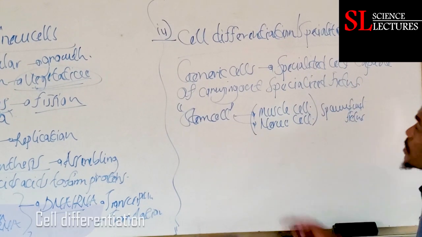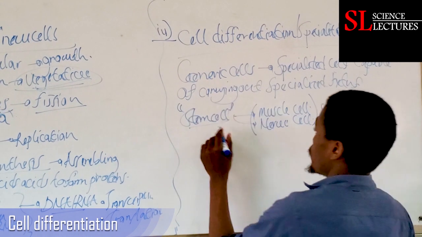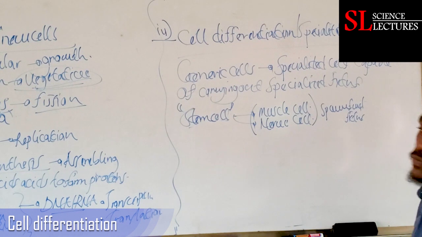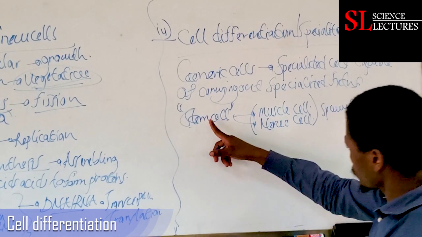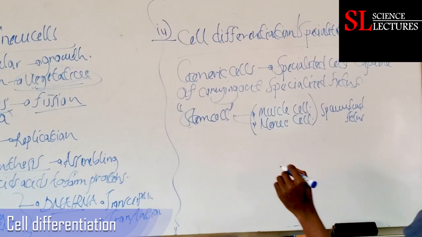If you didn't watch our video on stem cells, look for it, where we see different types of stem cells, how they operate, and how they are obtained. So that is cell differentiation. How is it important?